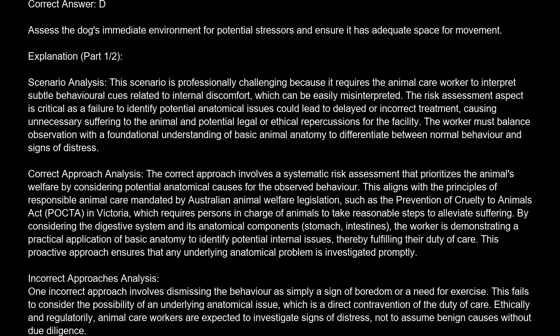By considering the digestive system and its anatomical components, stomach, intestines, the worker is demonstrating a practical application of basic anatomy to identify potential internal issues, thereby fulfilling their duty of care. This proactive approach ensures that any underlying anatomical problem is investigated promptly.